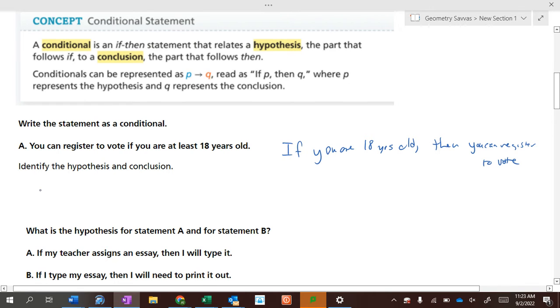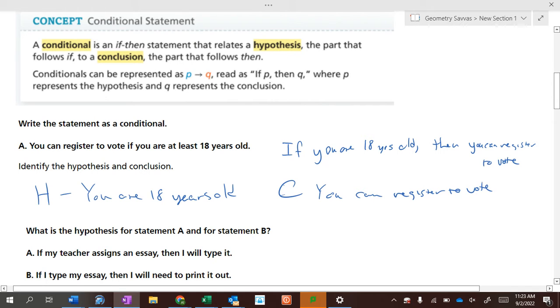What's the hypothesis? You are at least 18 years old. Then the conclusion is you can register to vote.